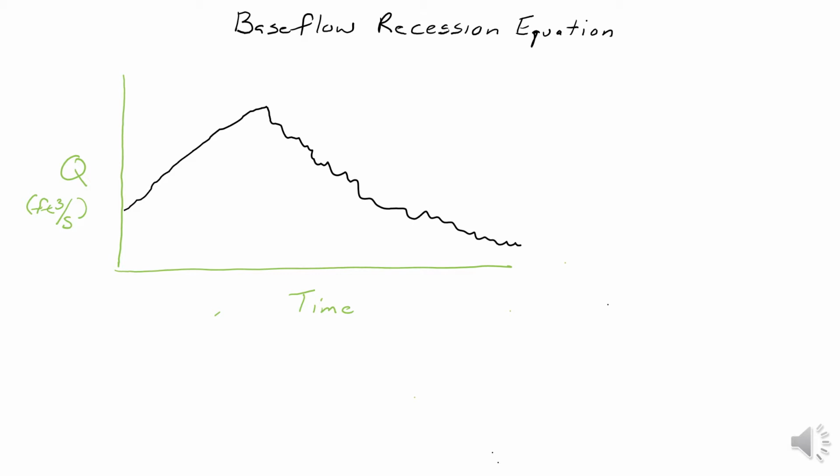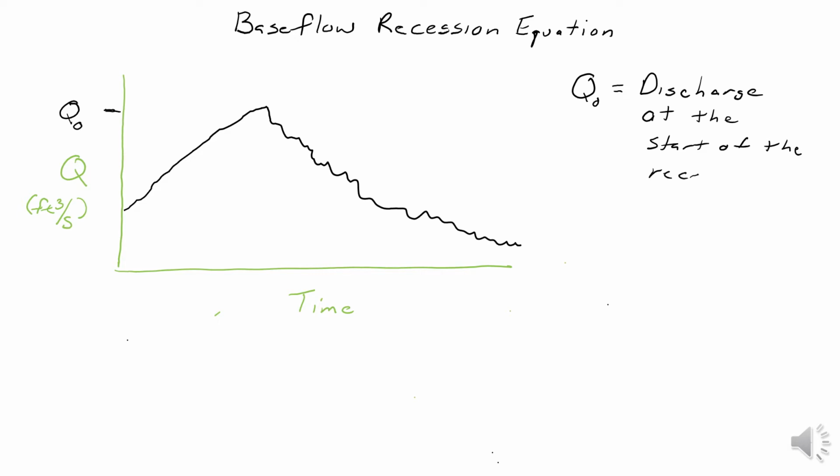So a couple of points on the graph here that are important. The highest point that your stream flow reaches in the spring is what we're defining as Q naught. Q naught is the discharge at the start of the recession.